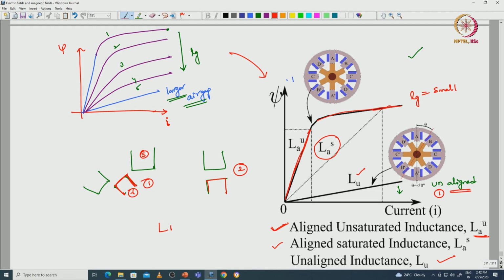So here flux linkage is always the same, L into I is equal to flux linkage, and LAS is nothing but the maximum flux linkage to the maximum current. The aligned and saturated inductance we can define as the ratio of flux linkage and current at the maximum points.